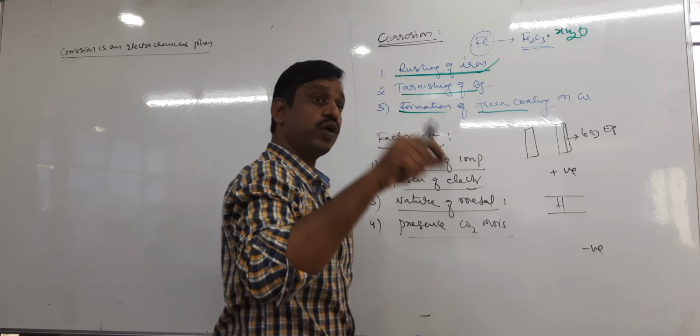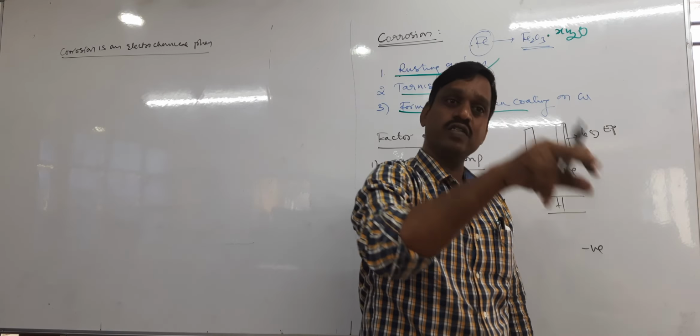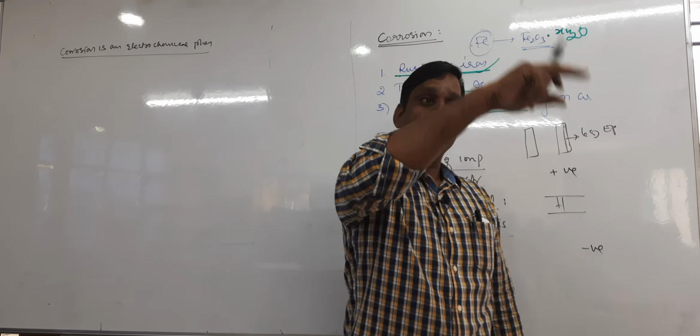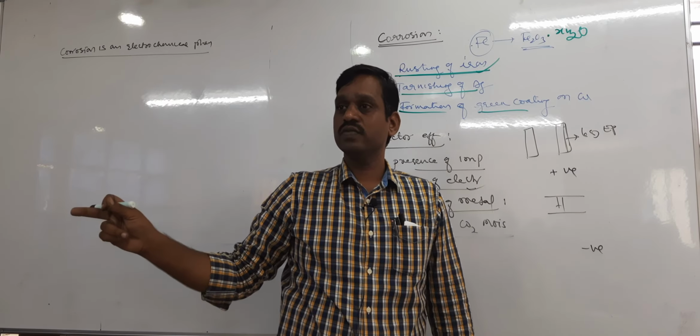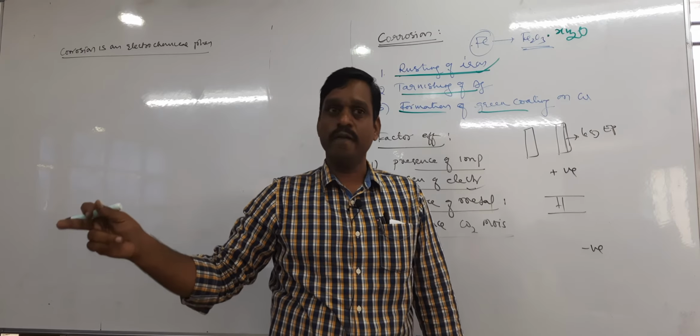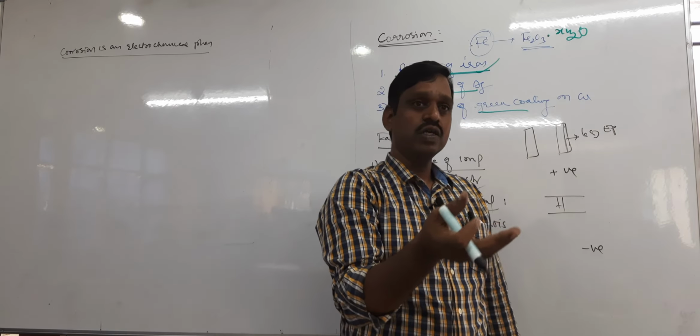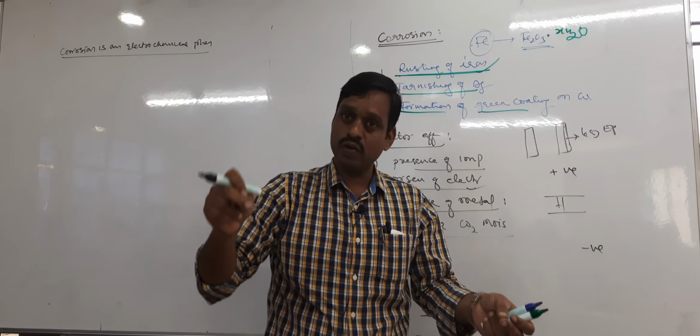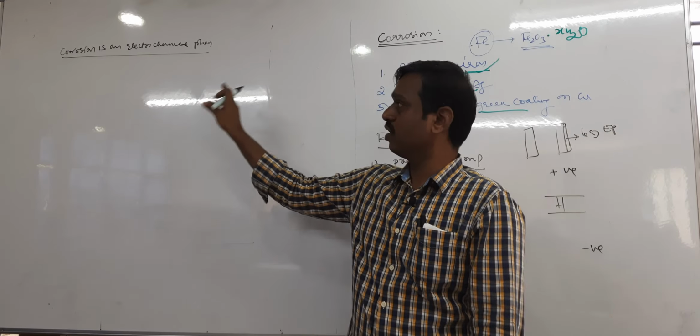It means, in an electrochemical cell, what reactions take place? Oxidation at anode, reduction at cathode, there is a transfer of electrons from anode to cathode, and current flows from cathode to anode. All these things we have studied. For example, the Daniell cell. Whatever we have studied in electrochemical cells, all those reactions take place in corrosion.